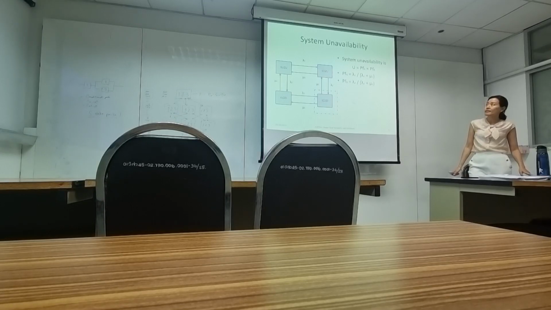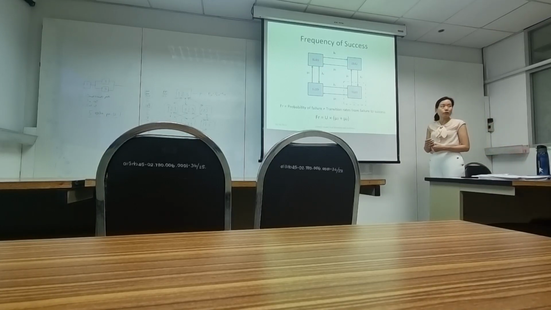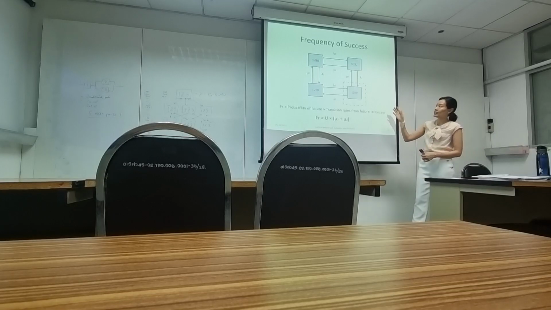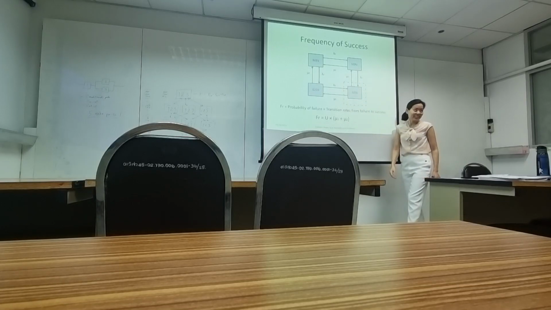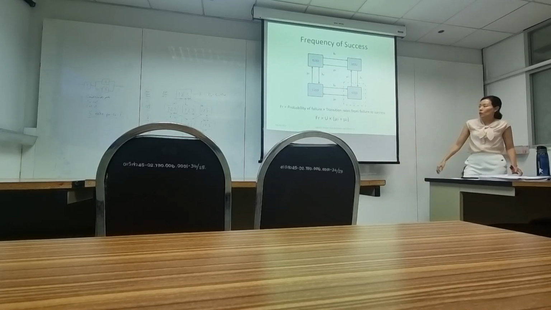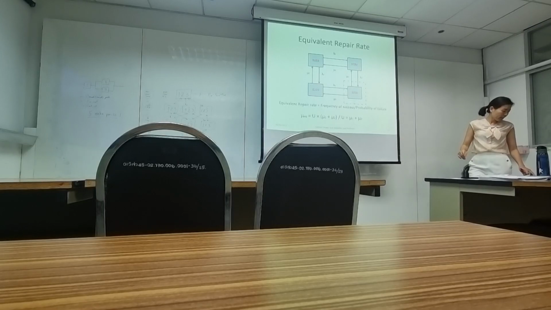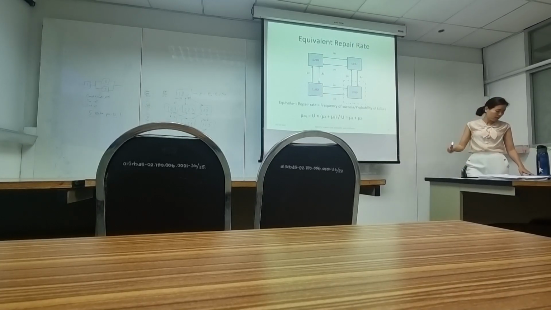Using the same analysis, you can find the frequency of success. Why do we focus on the frequency of success? Because it's easier to calculate from the transition of failure to success. Okay, so we got the solution here. We have the equivalent repair rate, which is the summation of the repair rates.